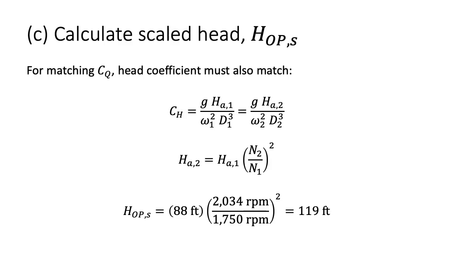In other words, for conditions where the dimensionless flow coefficient is the same, the flow through the pump will have similar kinematics. To begin our calculations, we solve for the scaled head by matching the head coefficients. We now get that the ratio of the operating heads is proportional to the ratio of the square of the operating speeds. This results in a scaled head at the operating point of 119 feet.